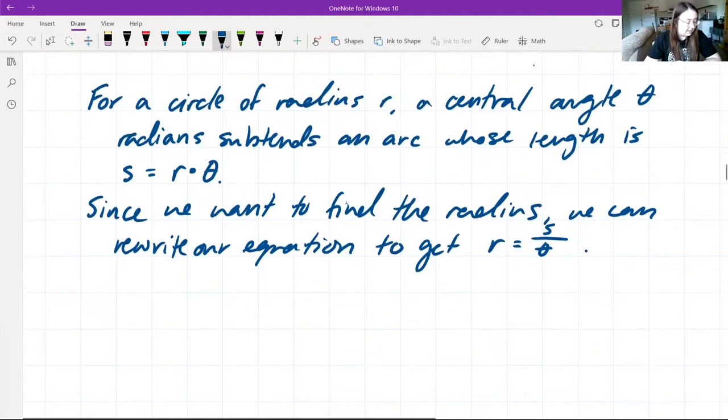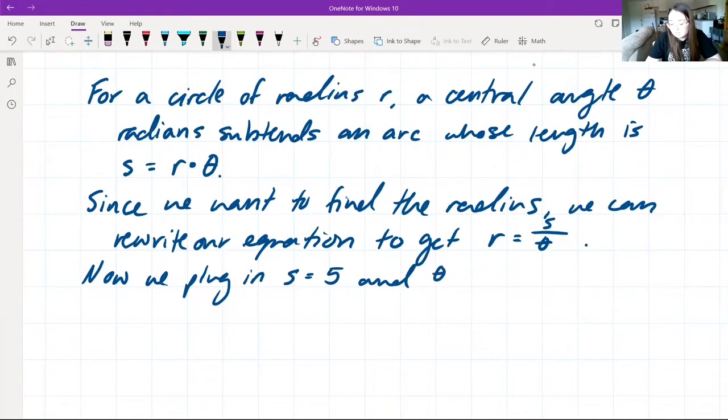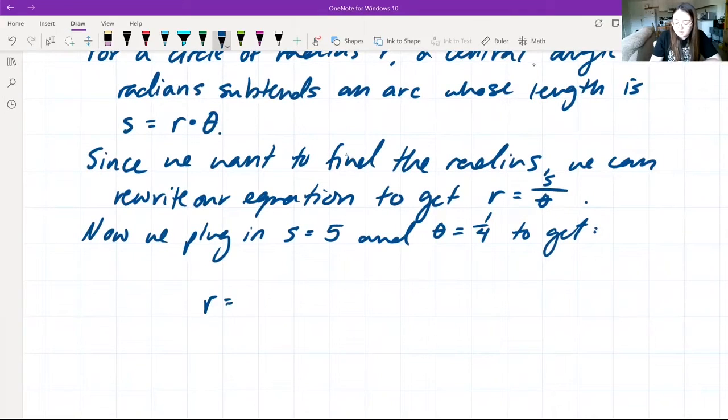We know the values of S and theta, so we just need to plug them in. Remember, S was equal to 5 and theta was equal to 1/4. So our radius is going to be equal to 5 divided by 1/4, which is the same thing as 5 times 4, which gives us our answer of 20 feet.